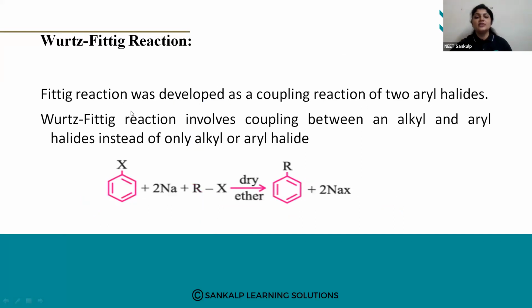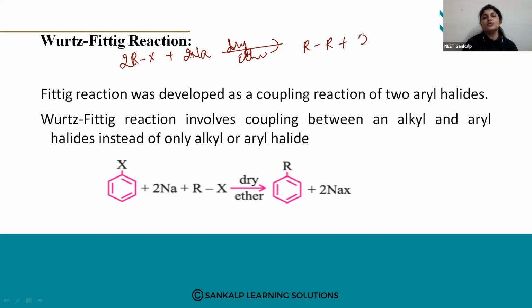First, the Wurtz reaction: RX plus 2Na in the presence of dry ether gives R-R plus 2NaX. So this is your Wurtz.